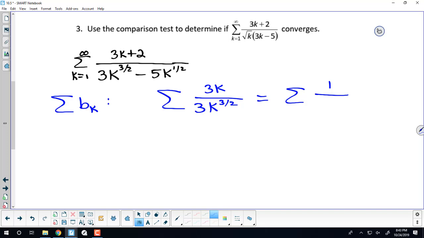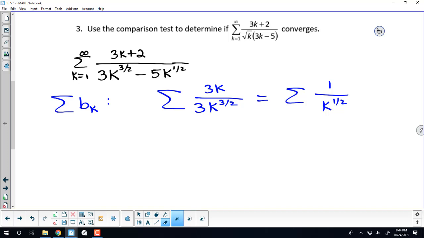Yeah. If we're going to use the direct comparison, we need to stick with that because it's more similar to our original series. But we're kind of whittling this down so that we can use some other test on a simpler series that's closely related. All right, so that's what we're going to choose then.